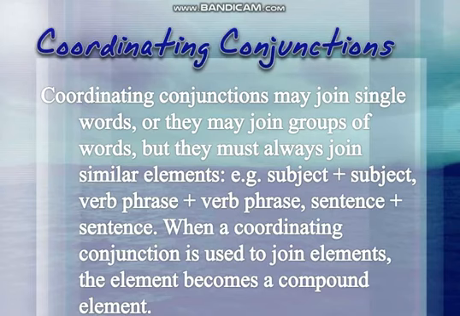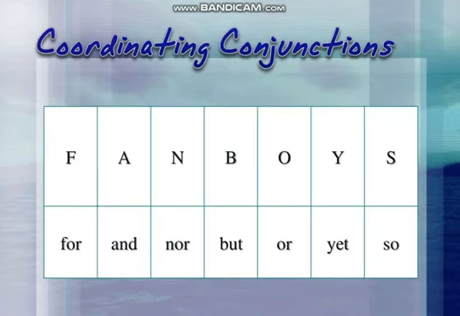Now look at its examples. We have for, and, nor, but, or, yet, so. These are coordinating conjunctions, and only these 7 are coordinating conjunctions, unlike the rest of the different types of conjunctions. And there is a simple way to remember all these coordinating conjunctions.